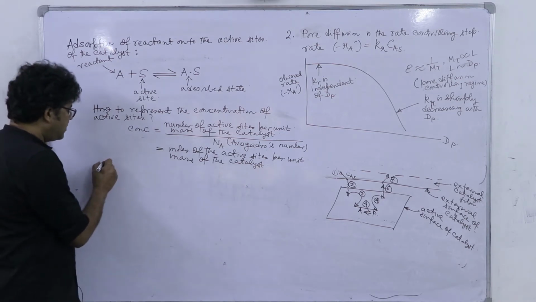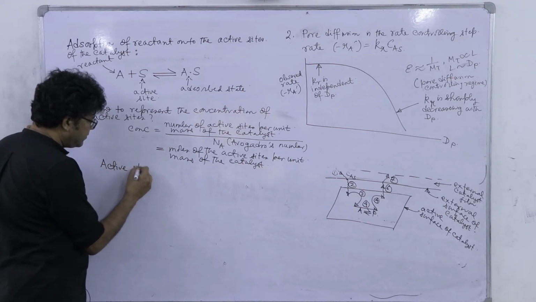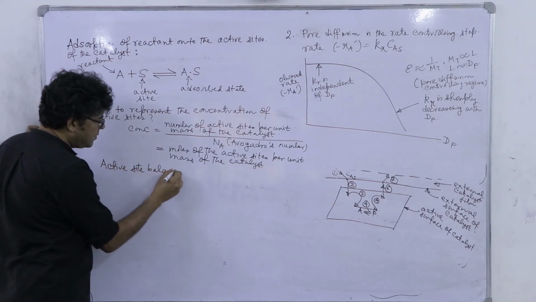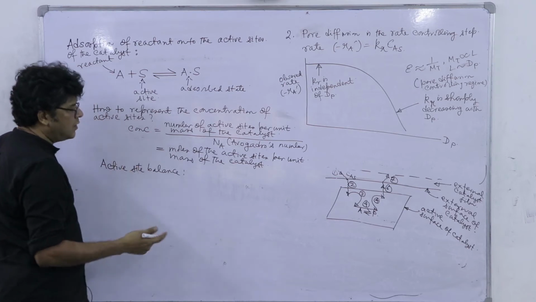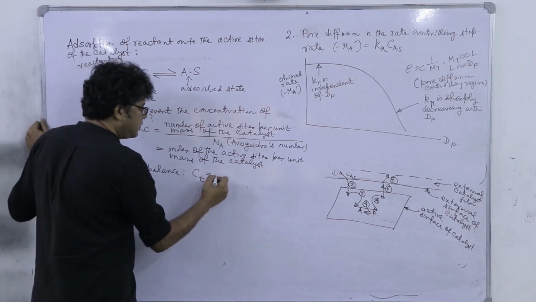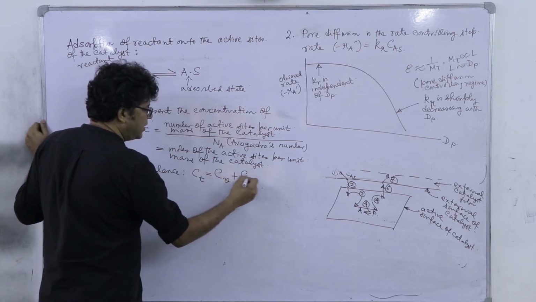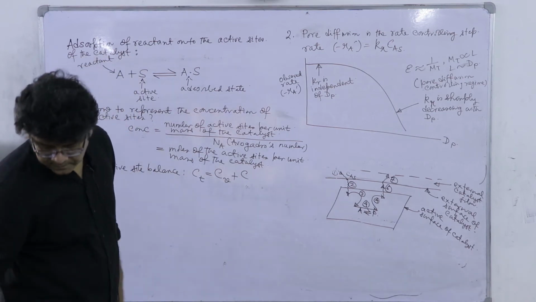Next, the active site balance. Initially we have a total number of active sites CT, some will be occupied and some will remain free or unoccupied.